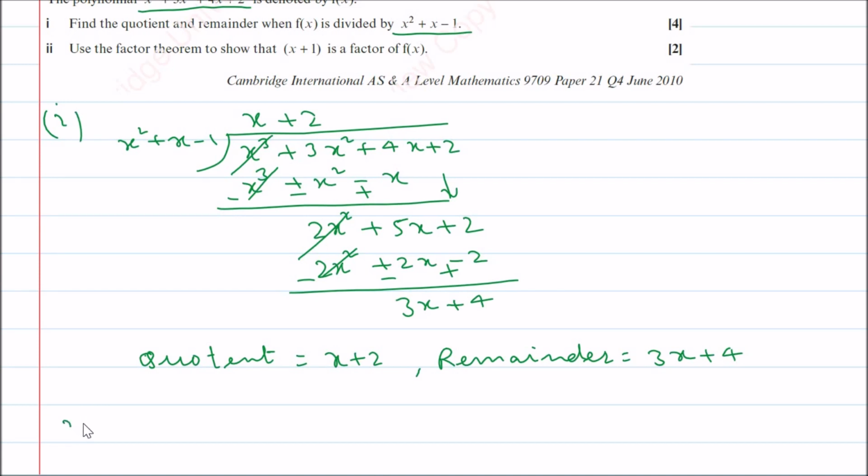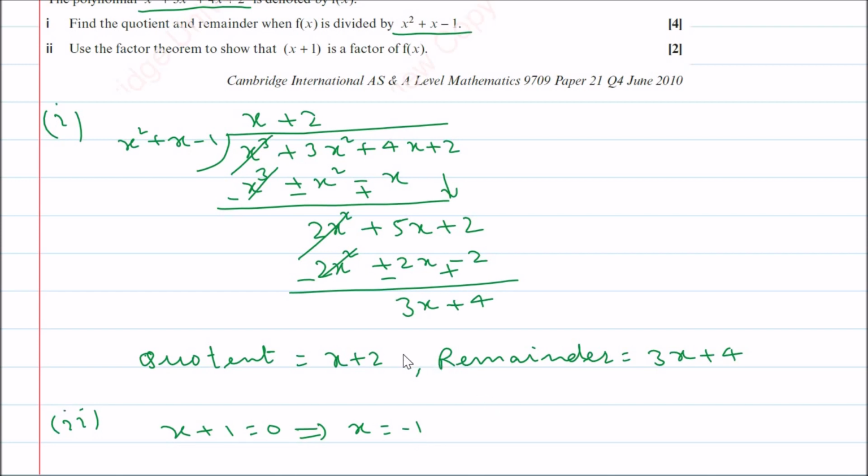Now we'll do part 2. Part 2 says use the factor theorem to show that x plus 1 is a factor of f(x). For the factor theorem, if you are not aware, I have already created a video. You can watch that video first and then watch this video on how to solve questions based on it. So how to do that? x plus 1 is a factor here, so set x plus 1 equal to 0, and this gives us x equal to minus 1.